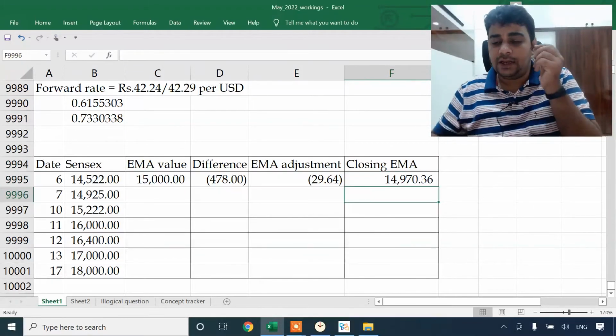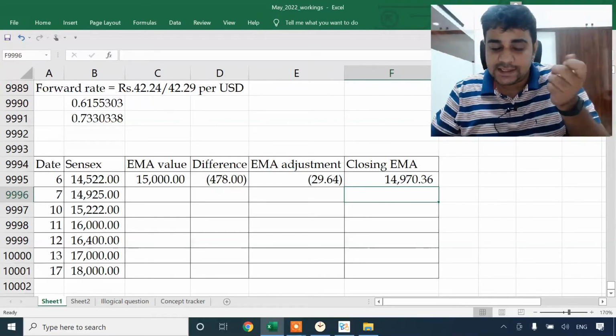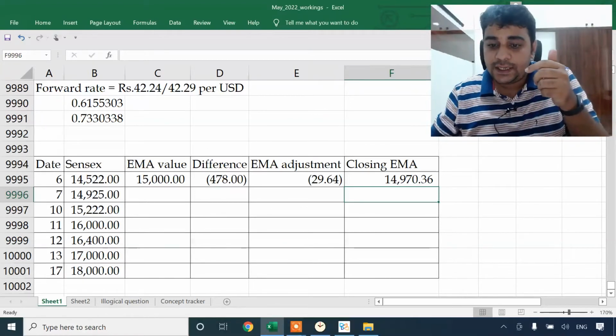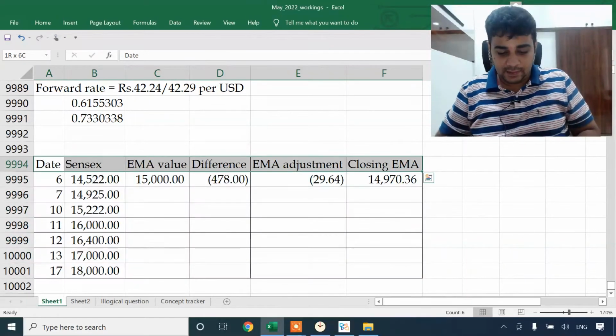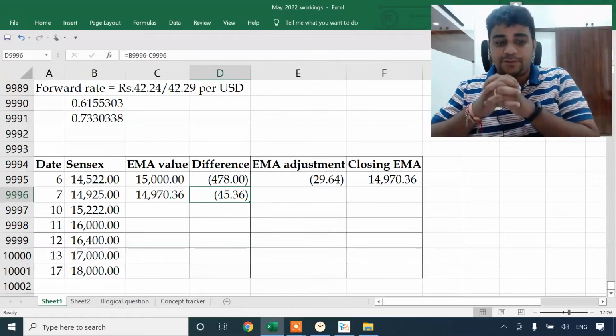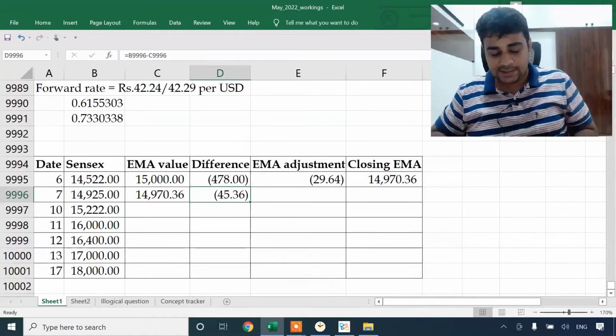So we started with 15,000. Considering the data 14,522, the exponential moving average has now become 14,970.36. Then you take that as the starting value and find out the difference, which is negative 45.36, that is 14,925 minus this.